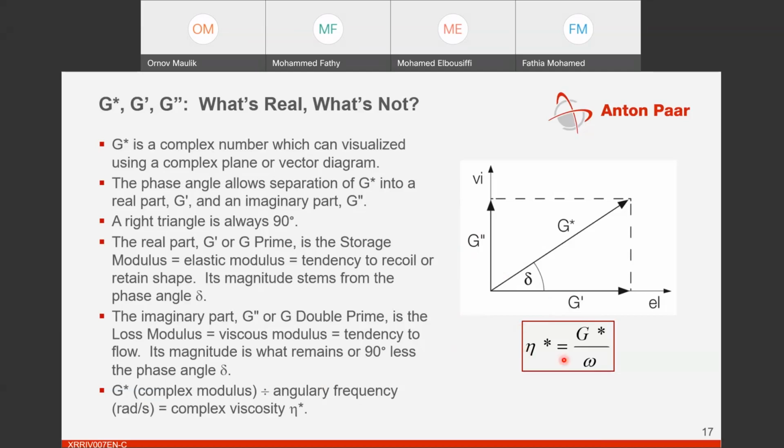Another quantity that we can define using G prime and G double prime, or G star, that is complex modulus, is complex viscosity. Complex viscosity is also very important, especially when we deal with polymer melts and viscoelastic solids.